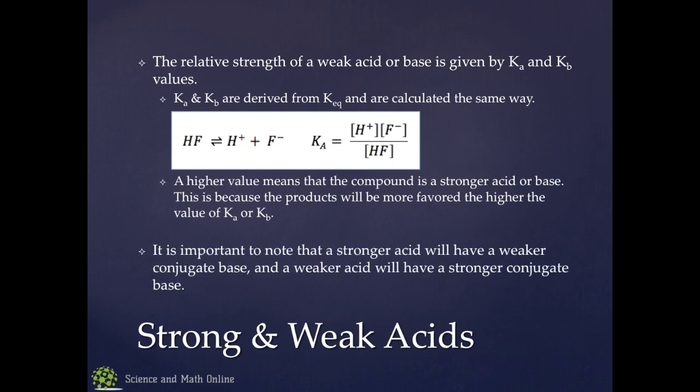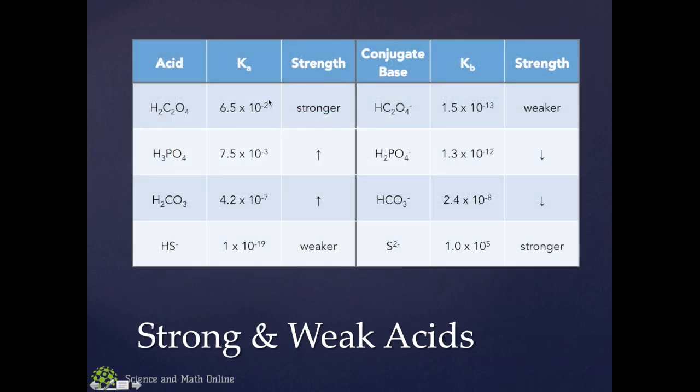It's important to note that stronger acids will have a weaker conjugate base, and weaker acids will have stronger conjugate bases. The strength is also opposite. Not only does the acid become the conjugate base, but if it's weak, the other one will be stronger. If it's stronger, then the other one will be weaker. And so they are kind of opposite pairs, just like we saw before. So looking at that, this is oxalic acid.